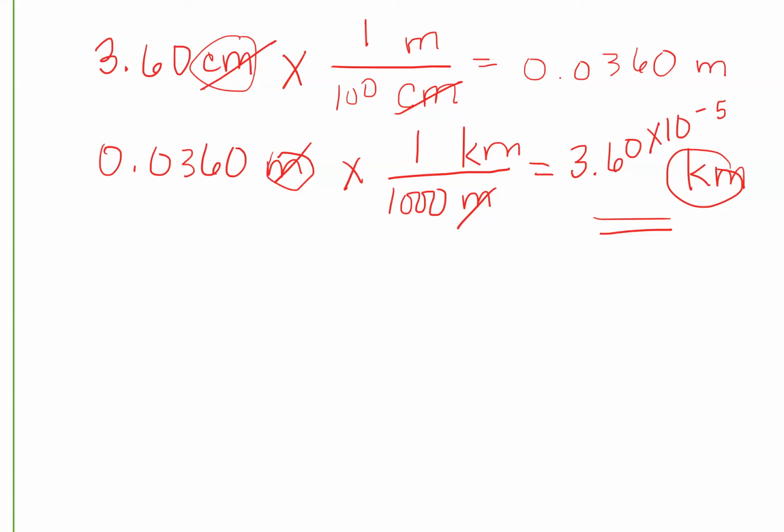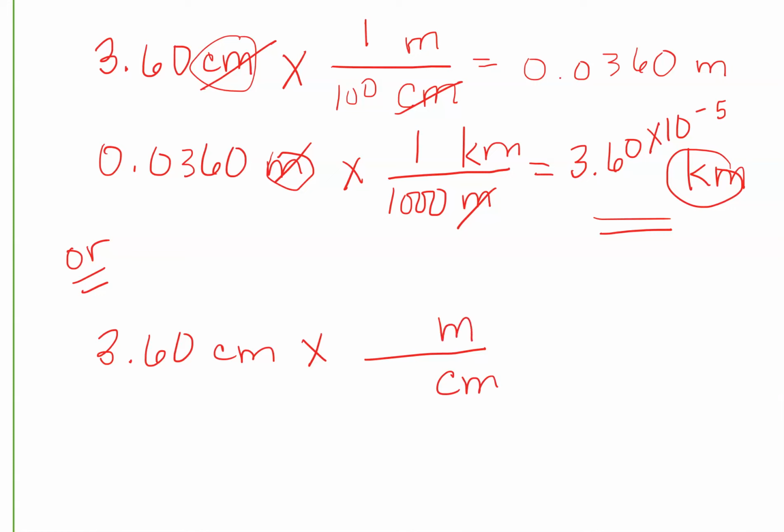That's one way to do it. One step in your calculation for every arrow in your map. But when you get fluent, you might be able to do it all in one. So my map says start with the number of centimeters. Then it says get rid of centimeters to get meters.